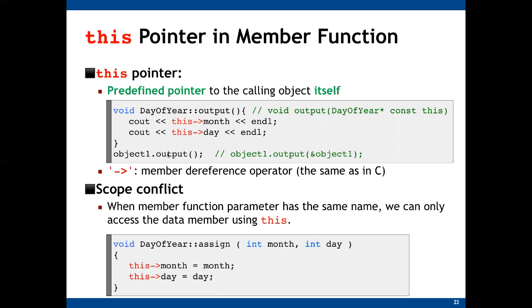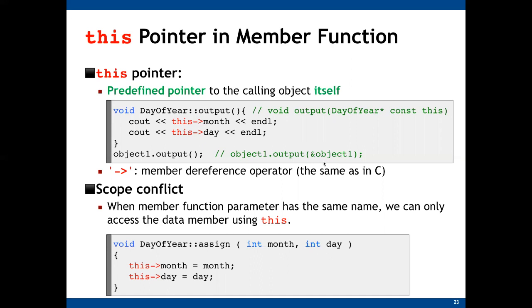If we call this output member function using object1 through the dot operator, this function call statement is converted to something like this one by the C++ compiler automatically. As you can see here, the address of object1 is passed to the member function output as the first argument.